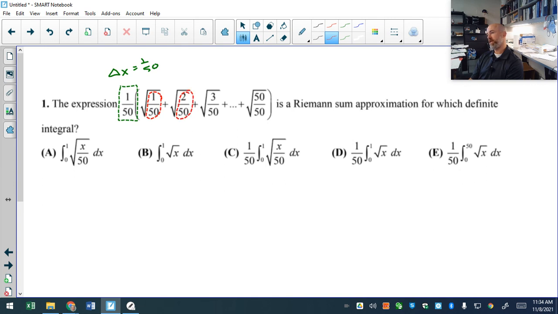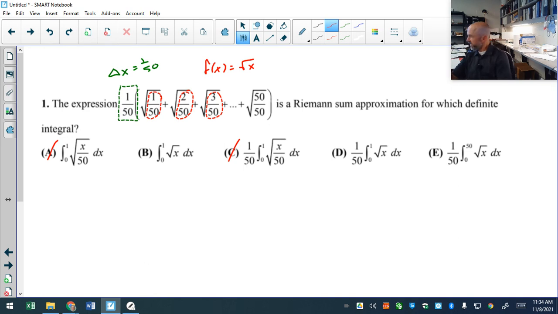So what I'm seeing here, this is the square root of numbers, right? So f of x is the square root of x. So I don't like A, I don't like C. The others have the correct function. They all have square root of x.